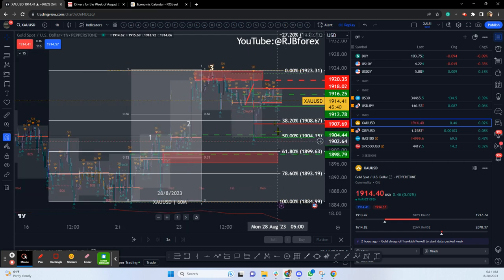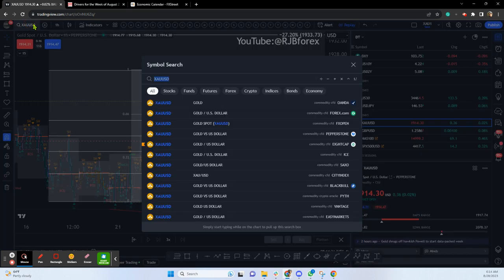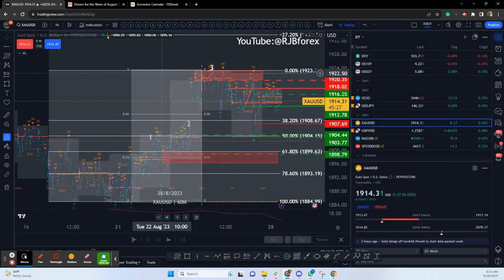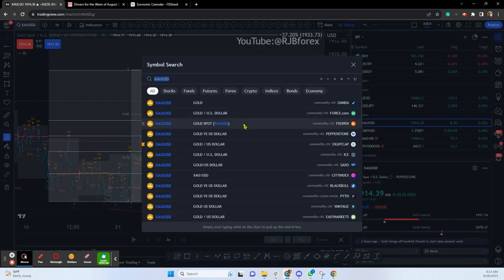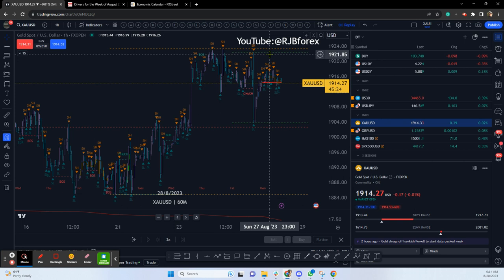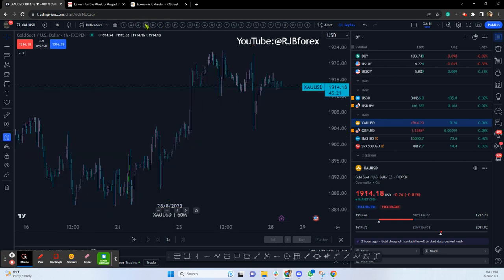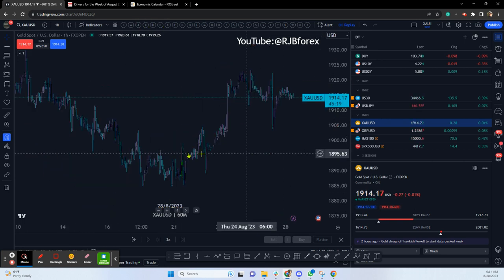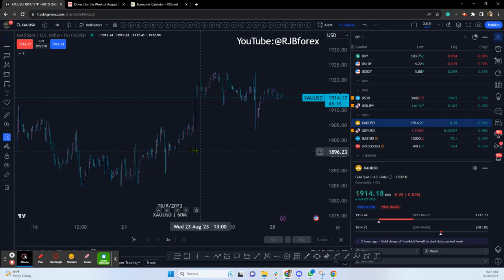So just to play this out, if we go to a cleaner chart, that would equate to a stronger dollar, but hold on. Right. So it's moved up.